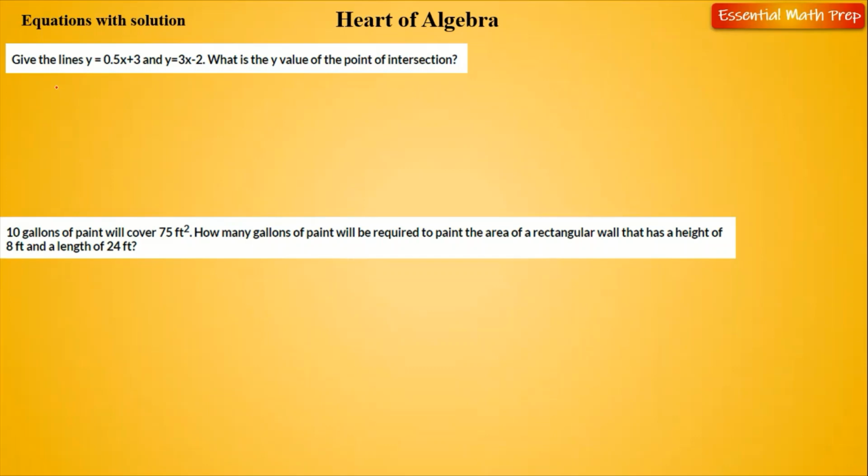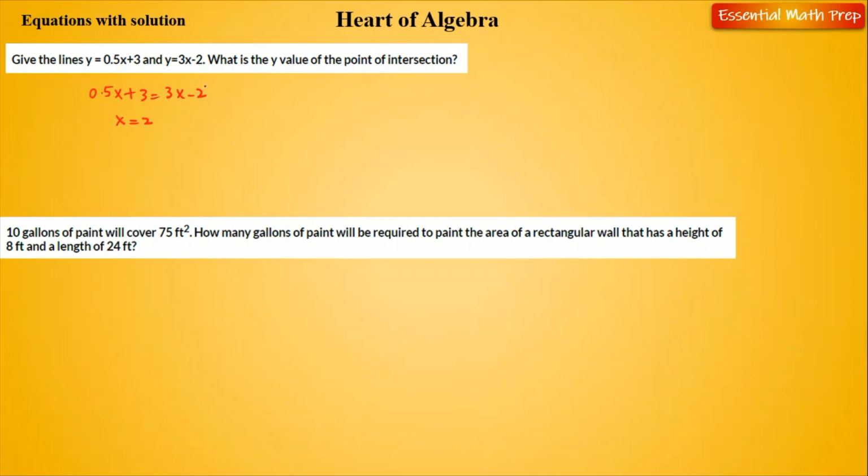So if you use that logic, then 0.5x plus 3 should be equal to 3x minus 2. If you solve for the value of x, you will see it's 2. I didn't go through the steps, but I'm telling you the value of x is equal to 2.